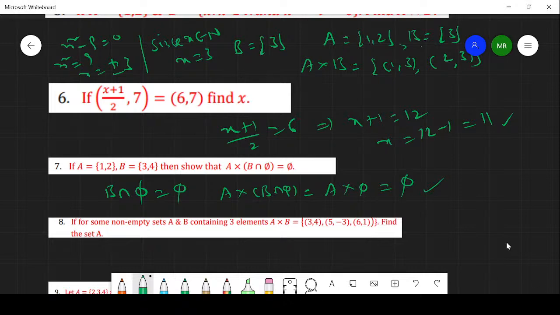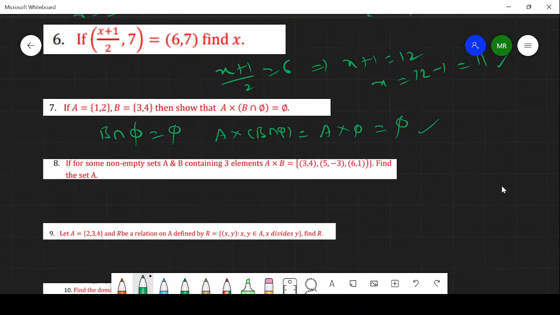Now coming to the eighth problem. If for some non-empty sets A and B, B containing 3 elements, but some mistake is there in this problem.